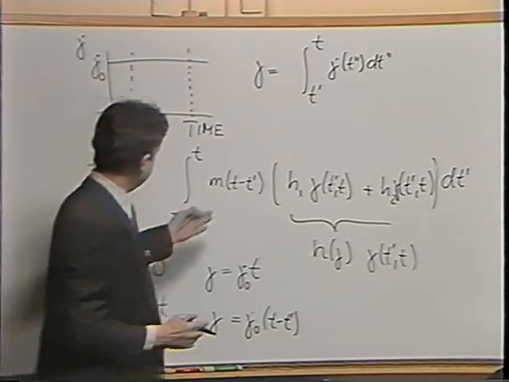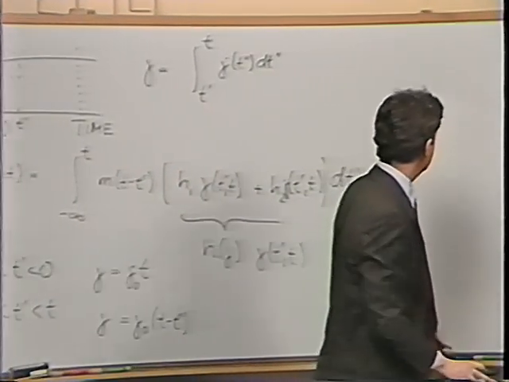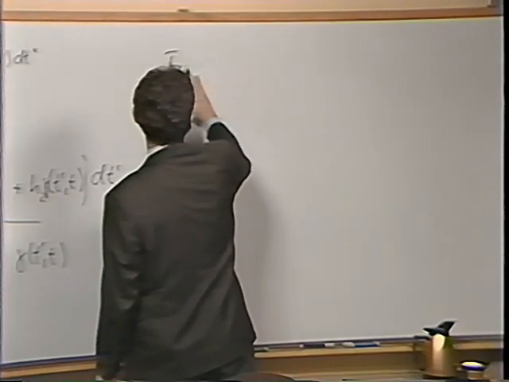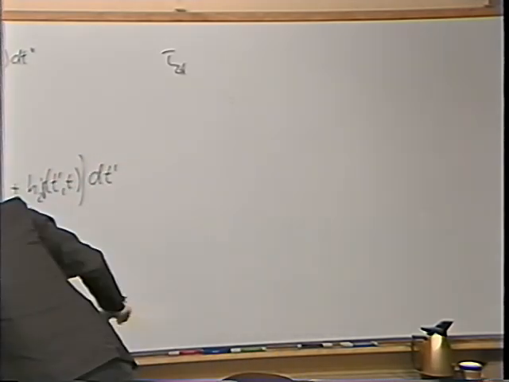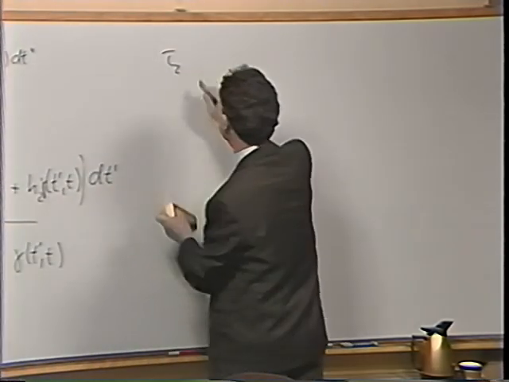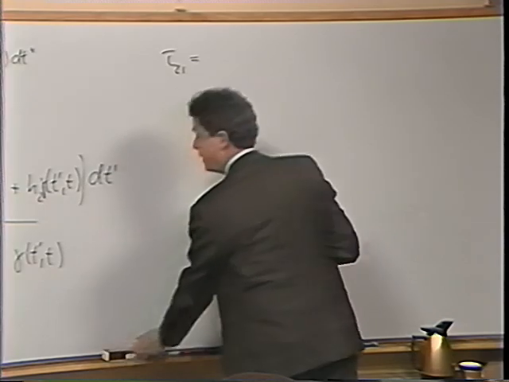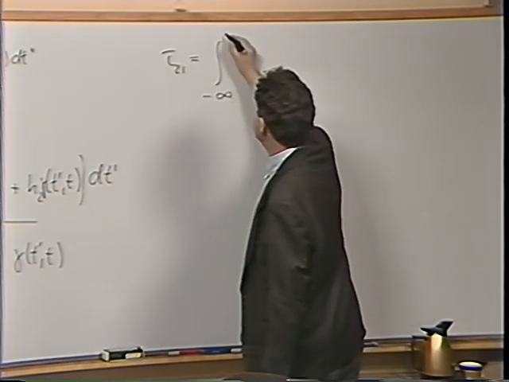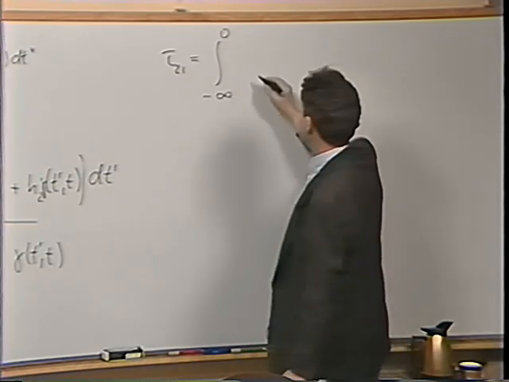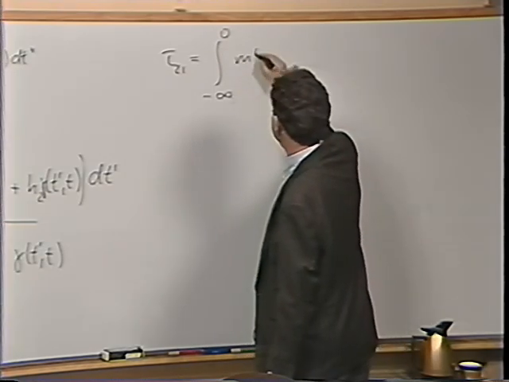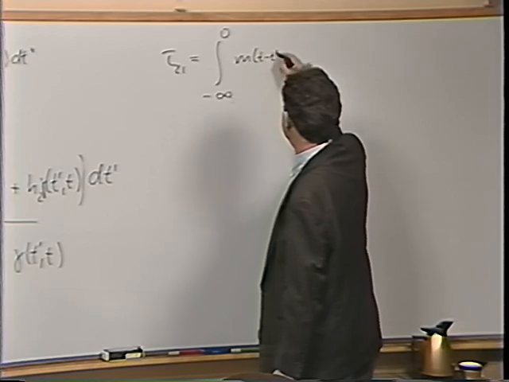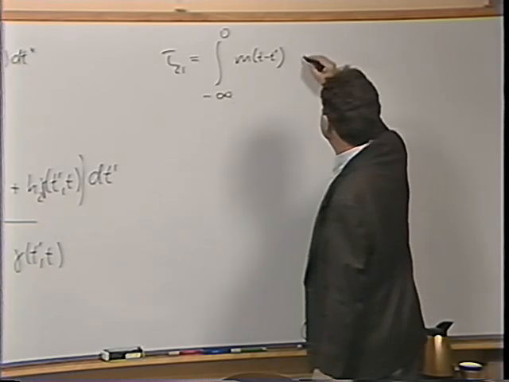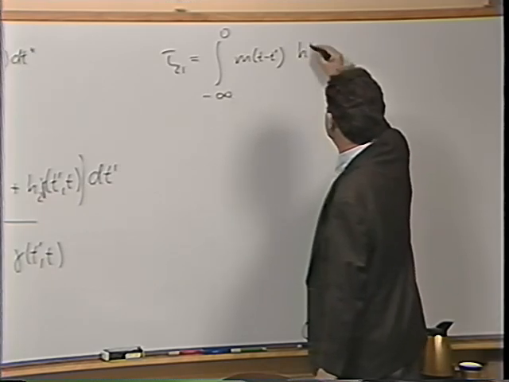To introduce that into the integral here, we are using two parts. So we have the stress tau 2 1 equal to the first integral from minus infinity to 0 of the memory function, t minus t prime, times the strain function, now this is h of gamma.